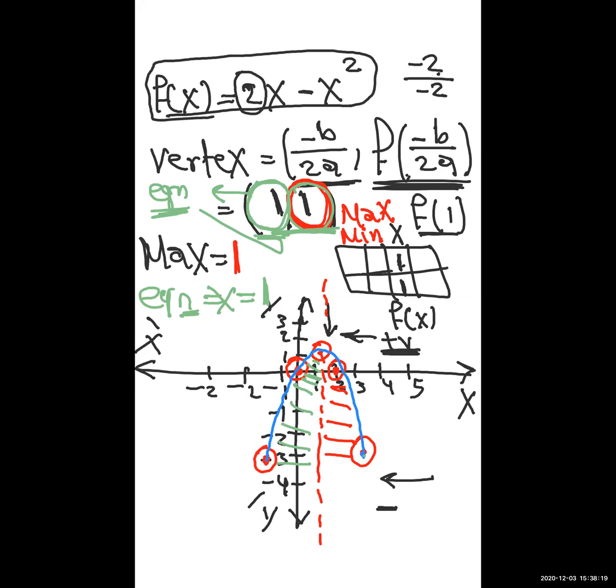If the curve opens upward like this one, then this vertex point gives the equation of symmetry and the minimum in this case.